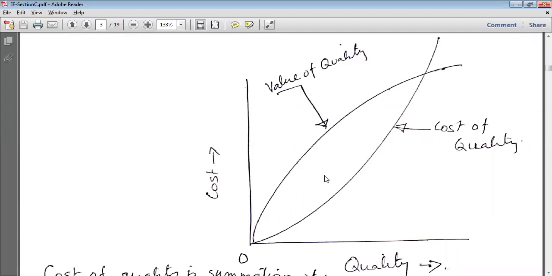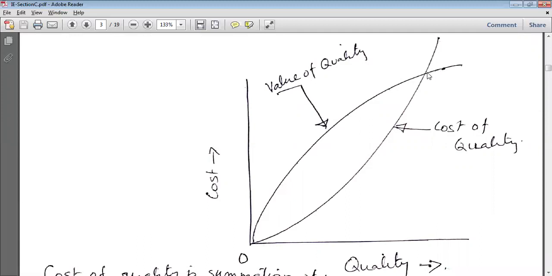It is not increasing directly proportionally. That means we have to invest much in quality, an investment cost. But at one point there is a saturation point, and then it does not exceed, and it starts coming down.